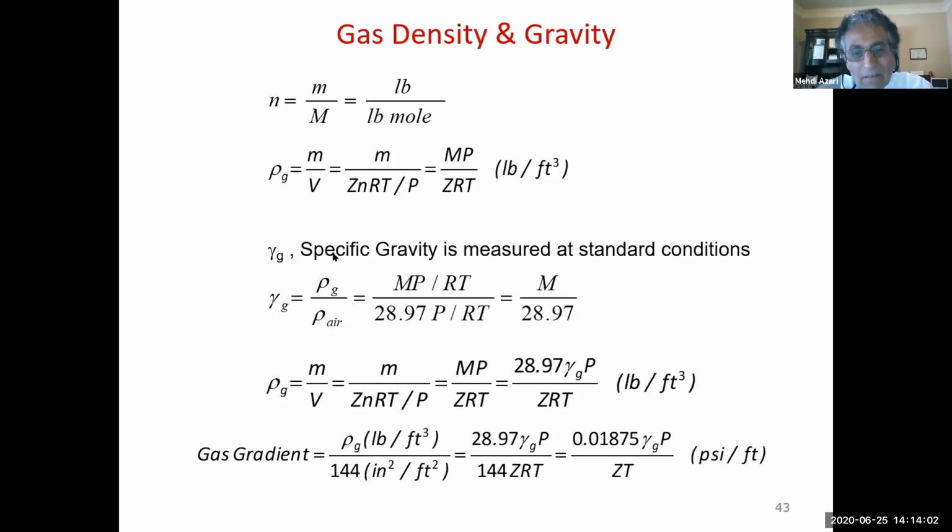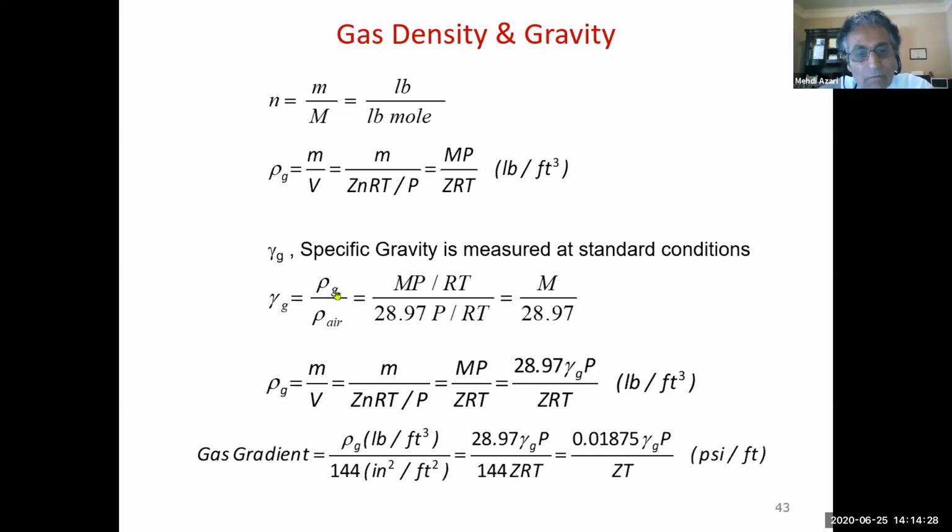Now specific gravity. Again, for gas, specific gravity is relative to air. How much heavier is it with respect to air? For oil, it is how much heavier it is with respect to water. So specific gravity, I put it here for you guys. It is measured at standard conditions. It is not at reservoir, it is not at any other condition, it is at the standard condition.